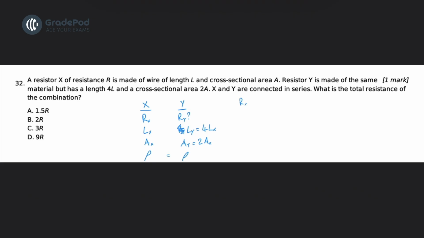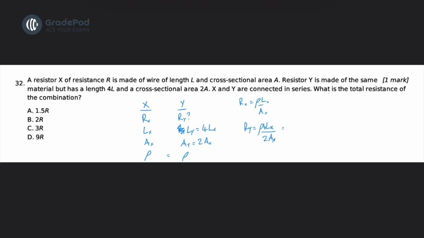So the resistance of X is equal to rho L over A, and that's all X. And the resistance of Y is equal to rho Ly, which is equal to 4 Lx, over 2Ax.